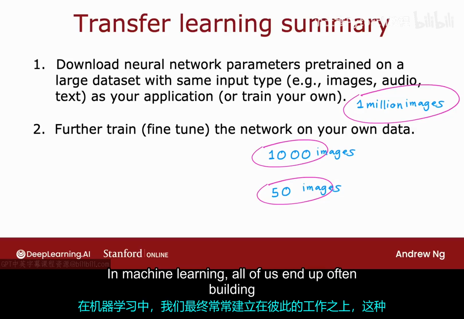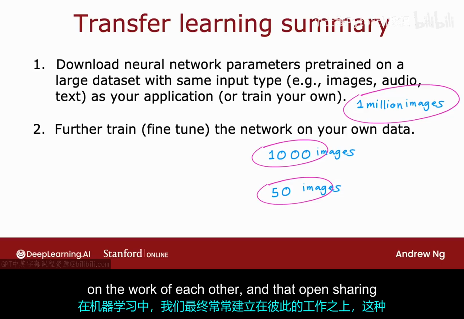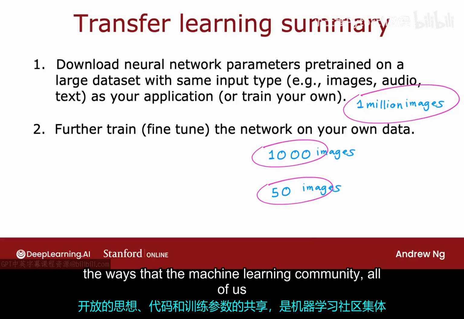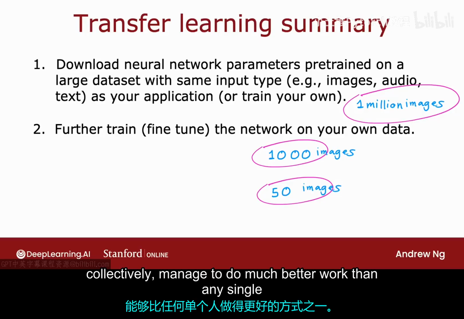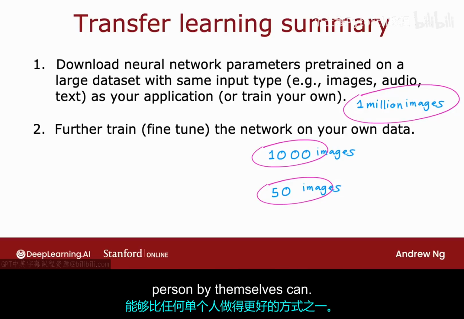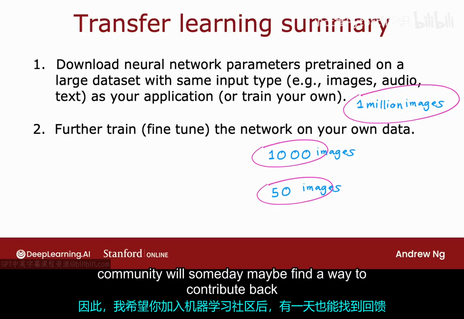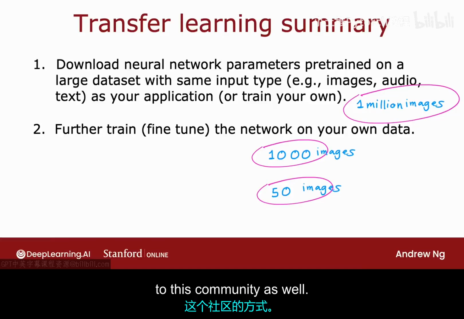In machine learning, all of us end up often building on the work of each other, and that open sharing of ideas, of code, of trained parameters is one of the ways that the machine learning community, all of us collectively, manage to do much better work than any single person by themselves can. And so I hope that you joining the machine learning community will someday maybe find a way to contribute back to this community as well.